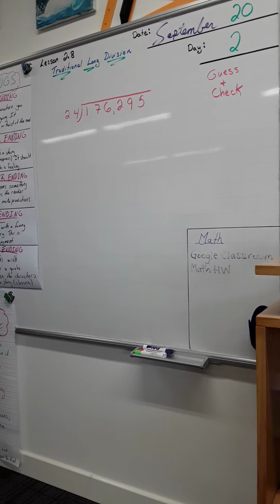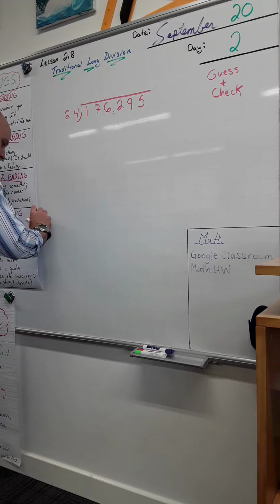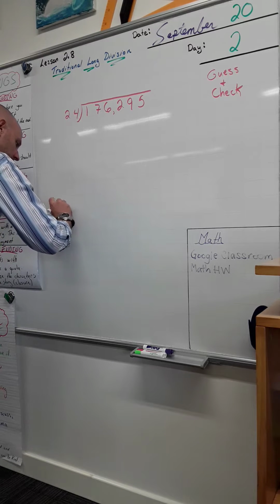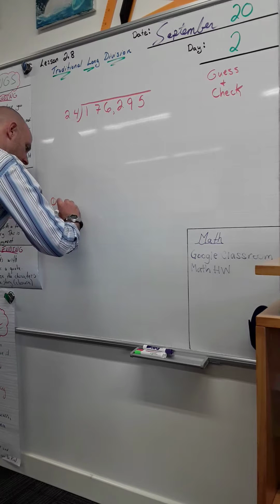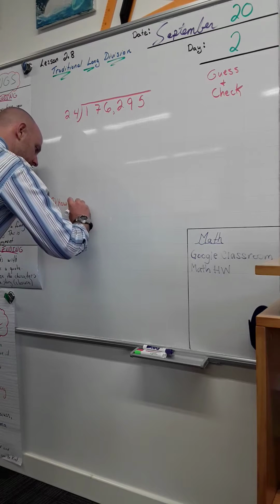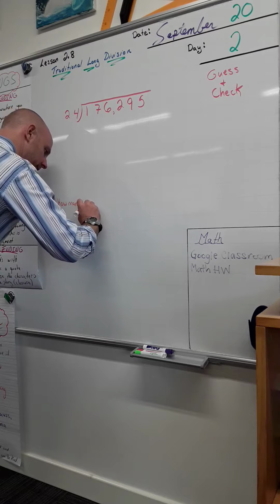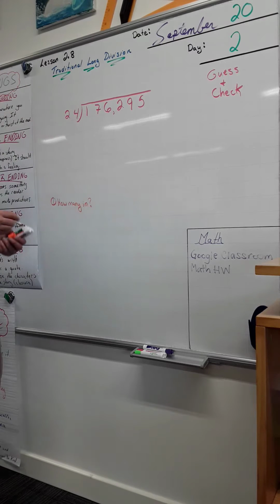I'm going to give you some steps, and if you follow these steps and just repeat the process, you should be successful every time. The first step, step number 1, is going to be called how many in. We ask ourselves how many in.